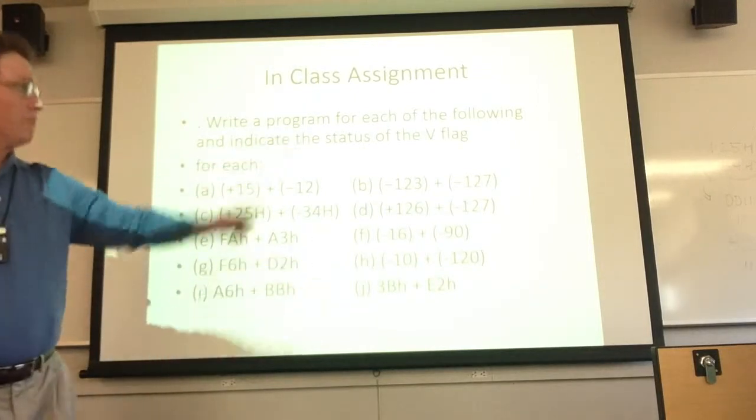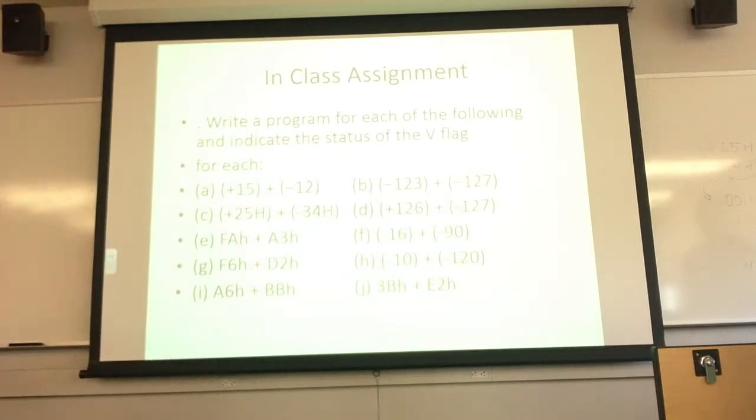All right. Go ahead. What do we have on the right? 25 and minus 34. I need to add these two numbers. So to represent the minus 34 in hex, I need to flip first the bits, and then I need to add one. So this is the result to perform the addition. And then I will add these two numbers. I get this. So look, the D7 is 1, so the N flag will be set. And also the C is 0 and the V is 0.